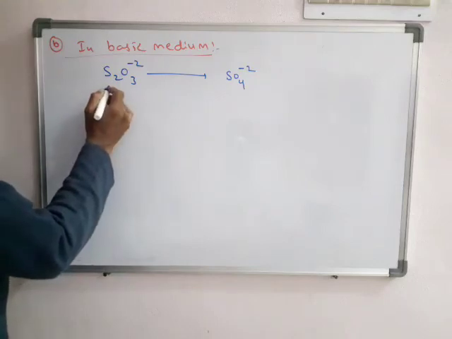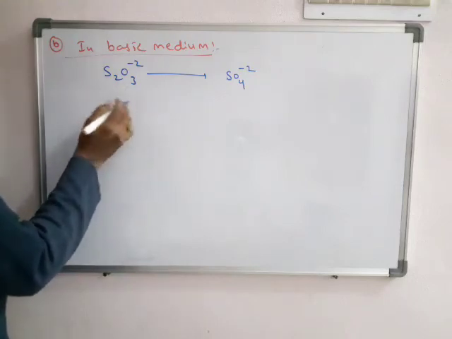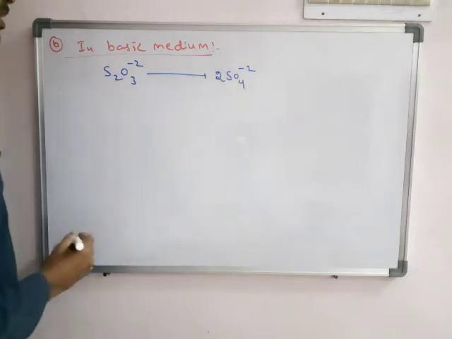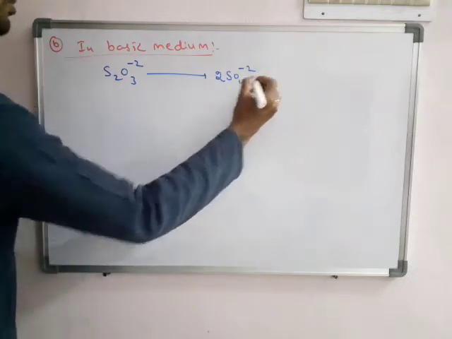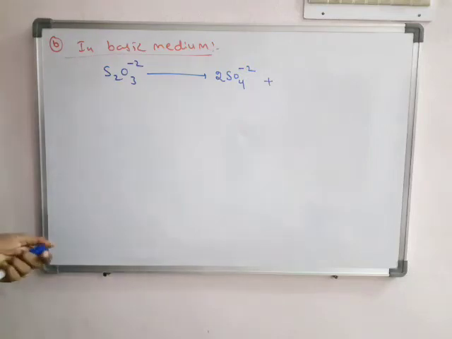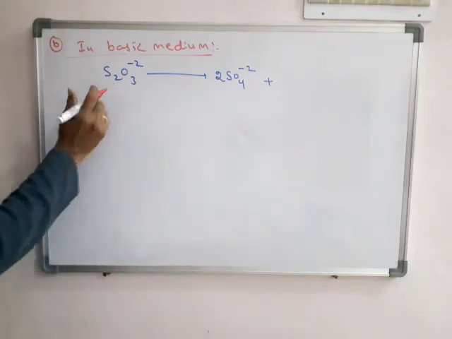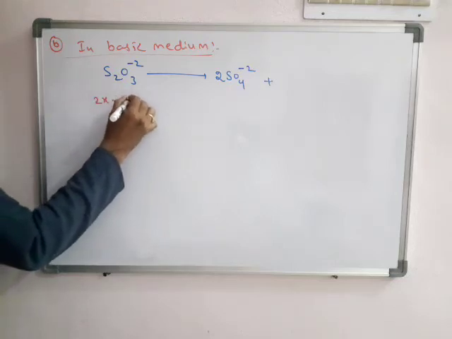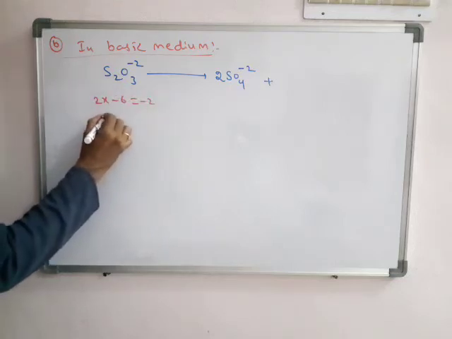So first, to find out the number of electrons lost, we must balance: 2 sulfurs. So plus how many electrons? So calculate the oxidation number. We already calculated 2x minus 6 equals minus 2.